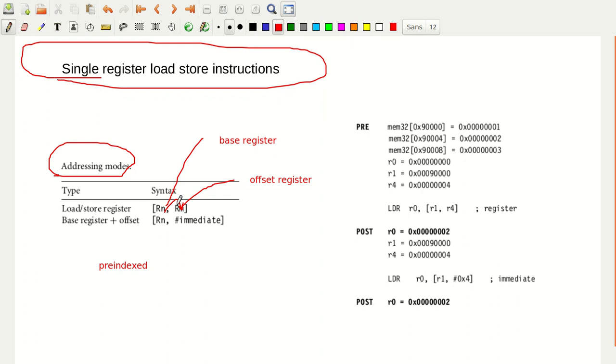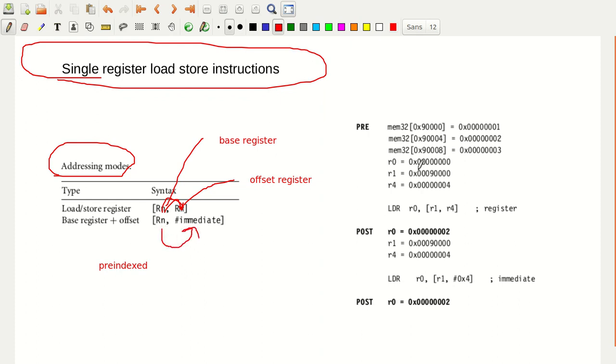So this register Rn is added with the Rm, and whatever the resultant that you get is copied into the destination register from the memory. Here also the address is calculated with the Rn and the hash immediate value.